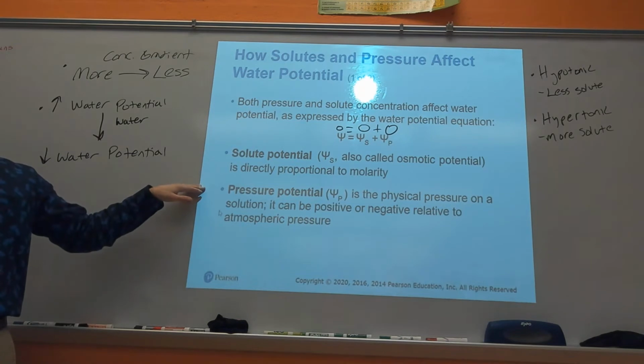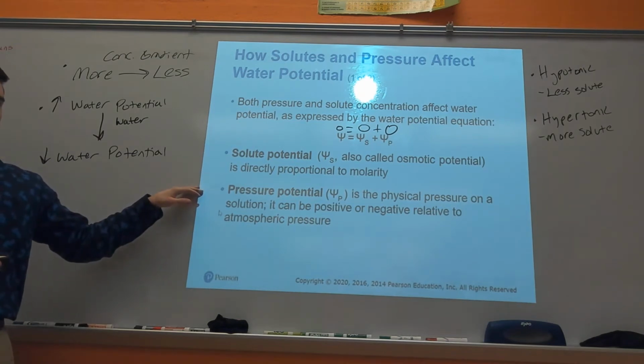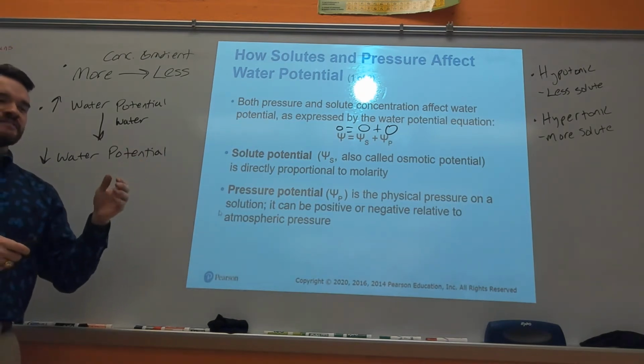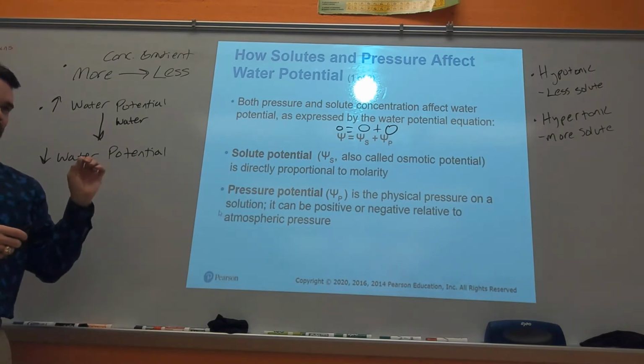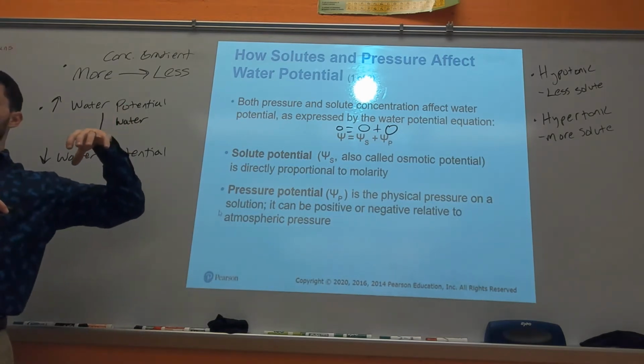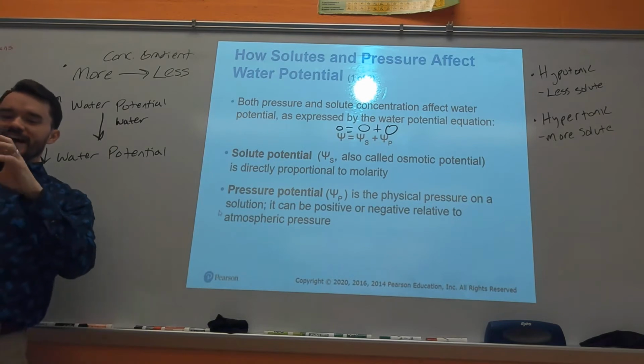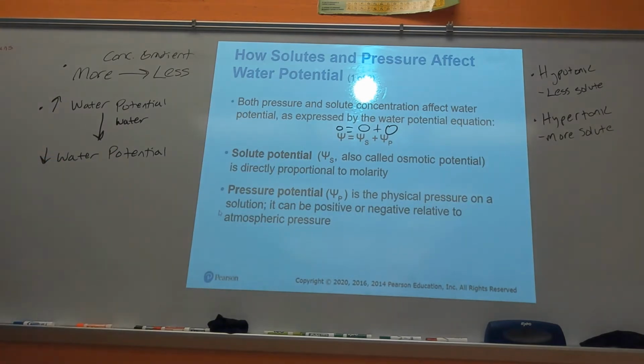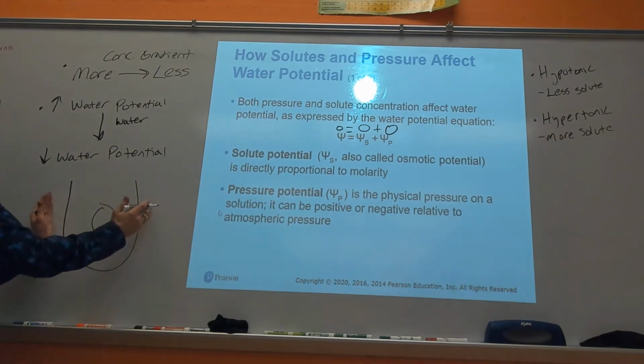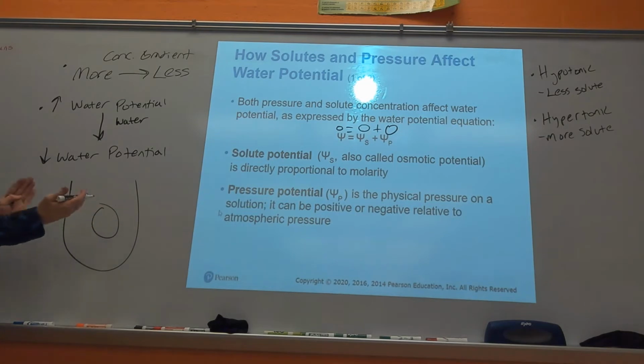Where the pressure potential comes into play is, say you had your dialysis bags, or you have a cell and that cell is in a beaker of water. So here's my cell, here's a beaker of water. If I'm able to squeeze this container closed, I shorten the volume, that's going to want to force water to go into the cell, right?